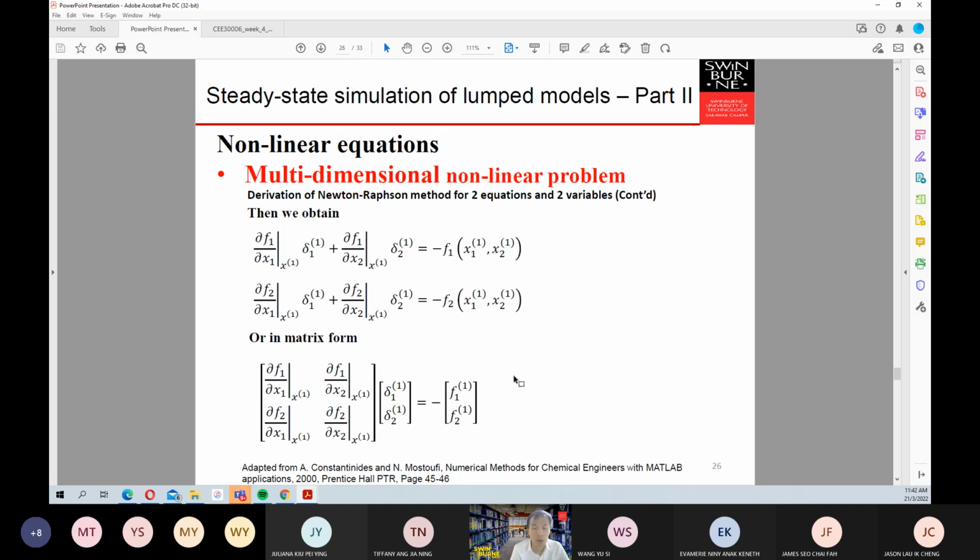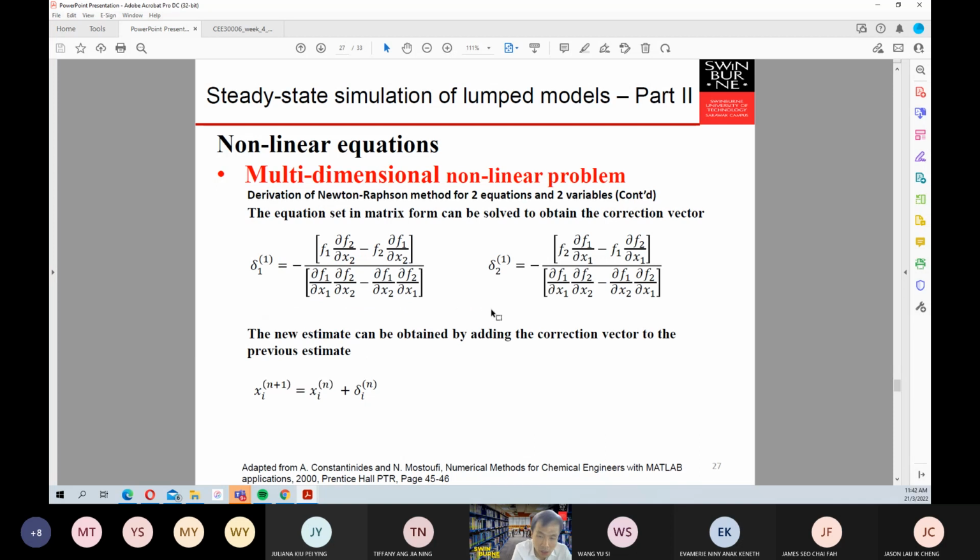Then we obtain these particular equations. In matrix form, this can be written as this. That means we can find the value of correction variable 1 equal to this, and correction variable 2 equal to this. Then the new estimate is obtained by adding the correction factor to the previous estimate in this way, right?